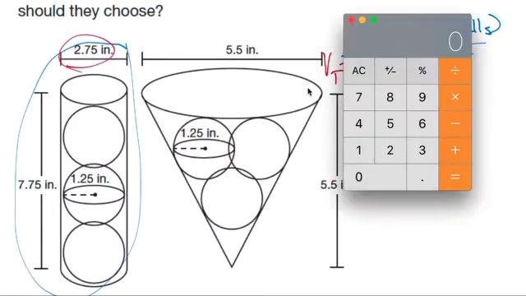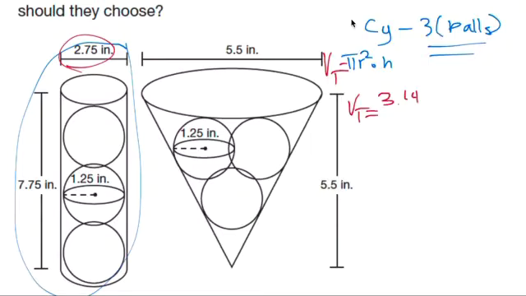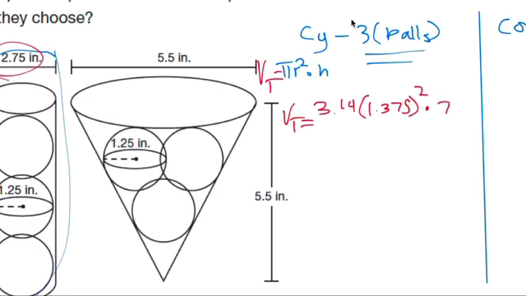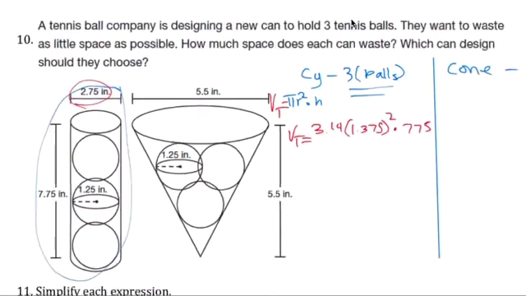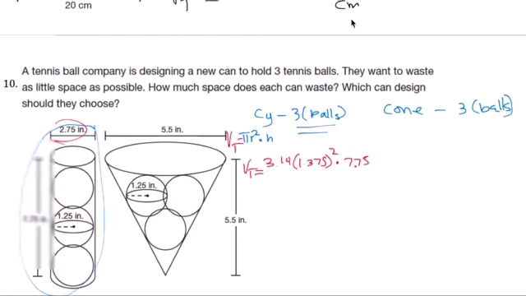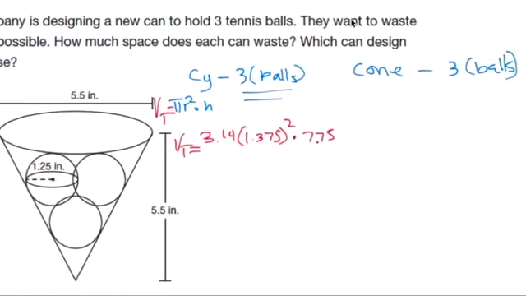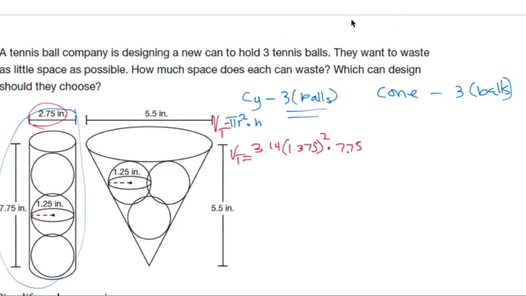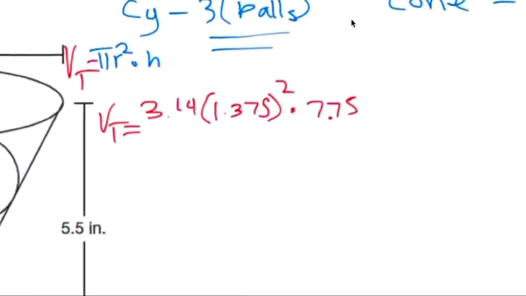I need a calculator for that one, actually. 1.375. Square that times the height. The height of it is 7.75. And then get that answer. There's no dividing by 3 because it's a cylinder.